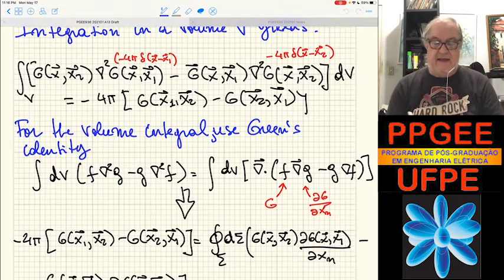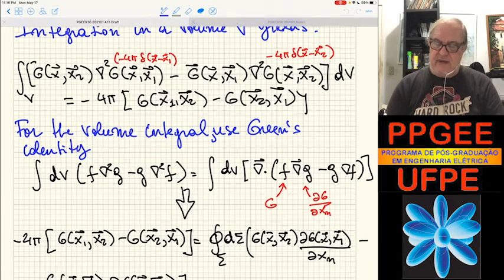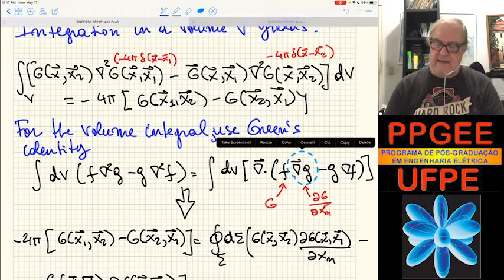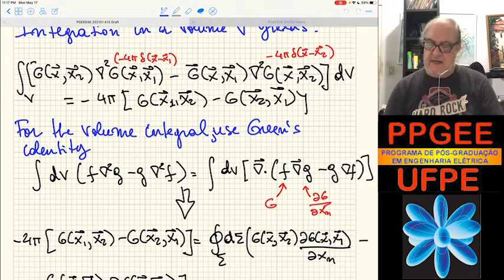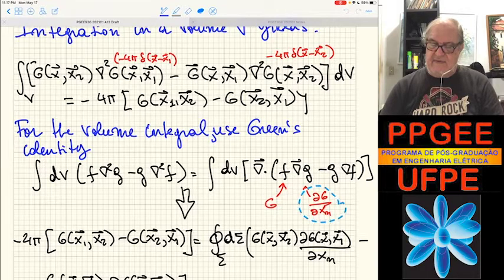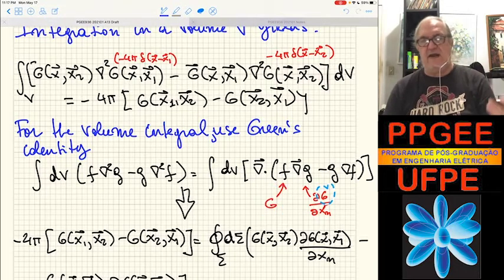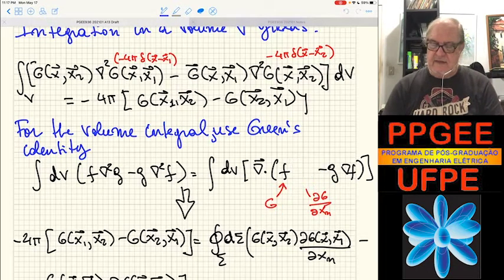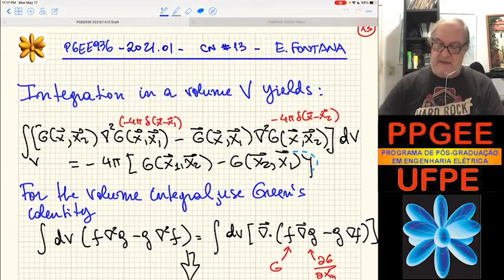Then we have a chain rule also that is used. When you do that, we have a function times the gradient of the second one. Then we subtract the exchanged combination. Use g for f and the normal derivative, in other words, g for f and g of the other argument for lowercase g. Then what we have is what we had before, this thing here.